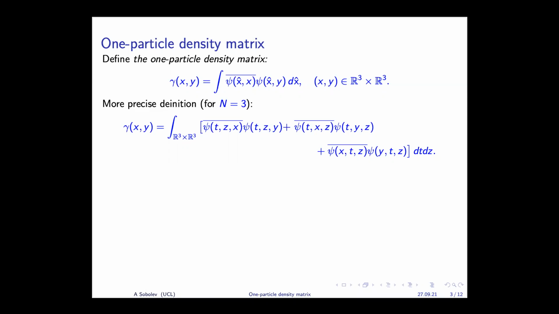In one of them, it will be variable x, and in the other it will be variable y. And then I average over x hat, so a 3n minus 3 dimensional integral here. And the remaining object will obviously depend on two three-dimensional variables. So it is a function of two variables, which is called the one particle density matrix.